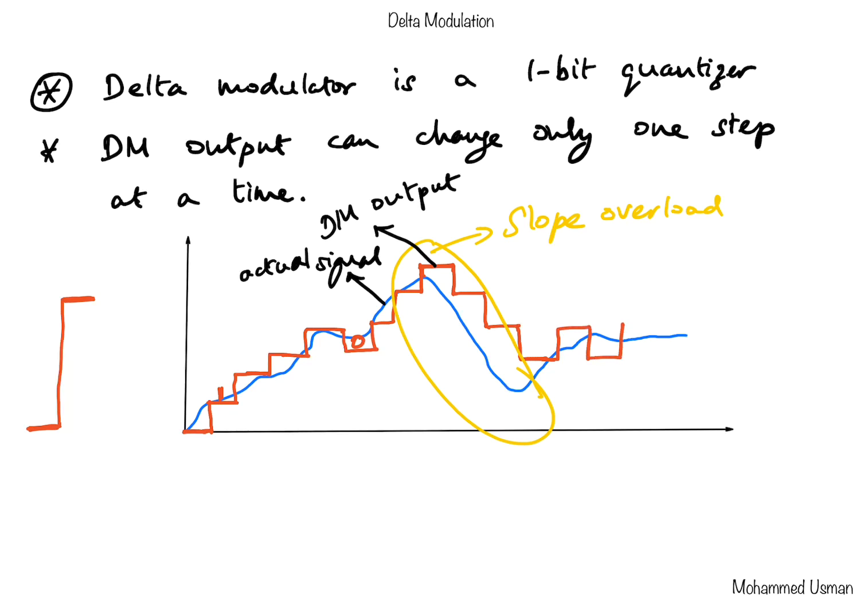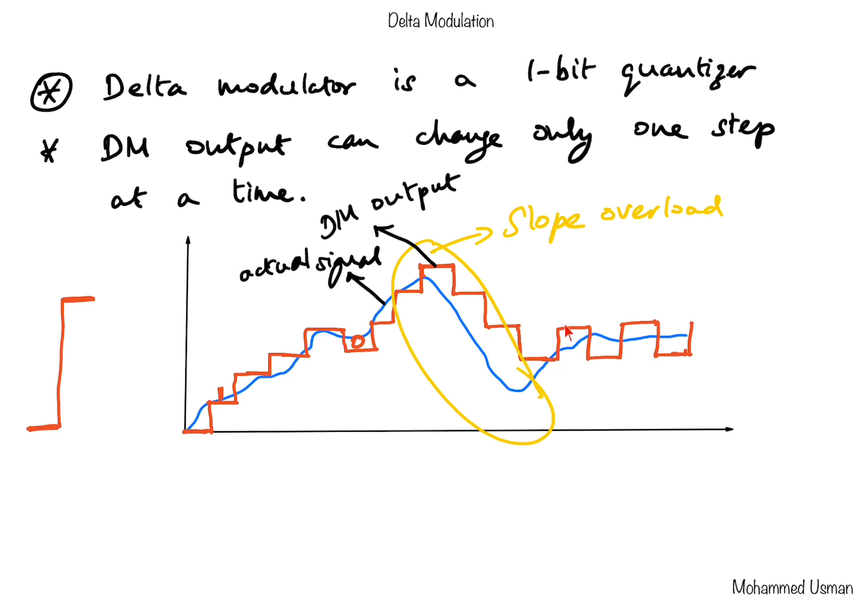Because it can't continue going upwards, since the signal is more or less flat, the output of the delta modulator tries to follow the signal as much as possible, and in doing so it keeps oscillating between two quantization levels. So that's one quantization level, that's another level.